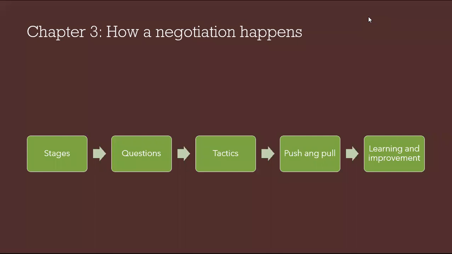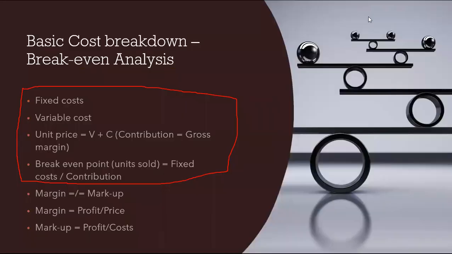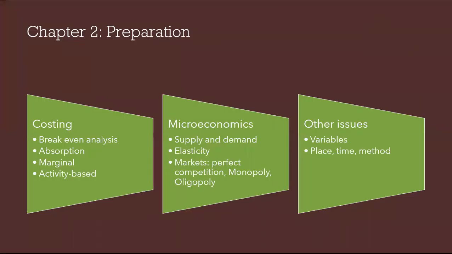Before we move into chapter 3, I want to have a quick recap on other issues like place, time, and method of negotiation. In the study guide, you may see different methods of negotiation like via email, via phone, via video conferencing, via face-to-face. And each will be appropriate for some scenarios, while inappropriate for others.